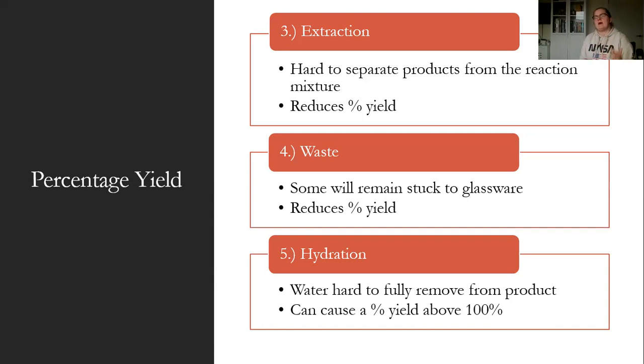And it's all a balancing act, because to get our percentage yield as high as possible, it might take us more time and cost us more money than if we had it a little bit lower. If I only got a 70% percentage yield, but it only cost me £100 and it only took me 1 hour, or I could get a 90% percentage yield, but it takes me 5 hours to do that and it costs me £600.